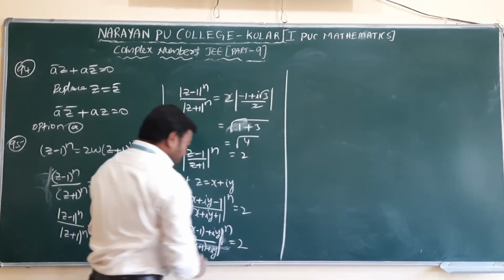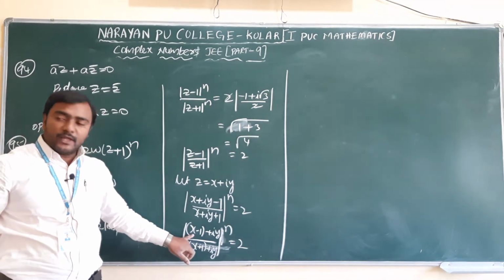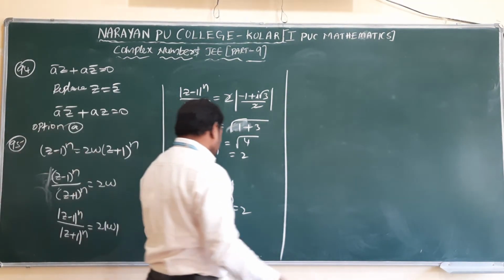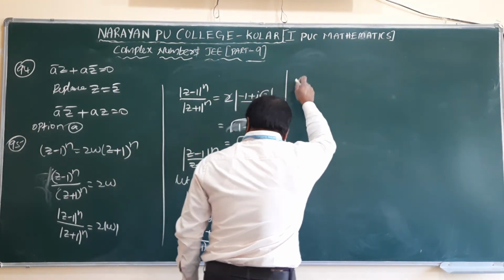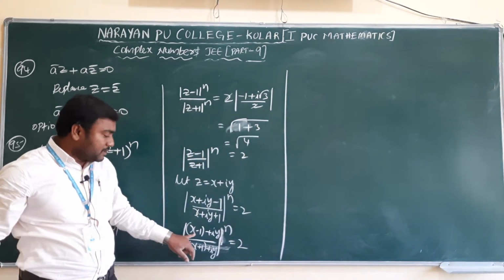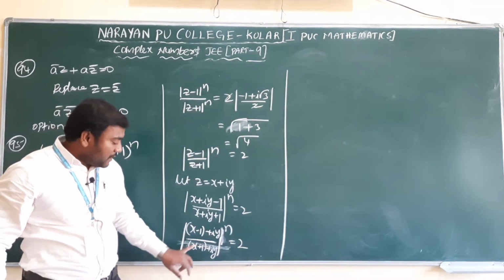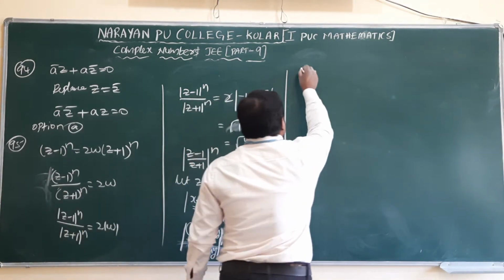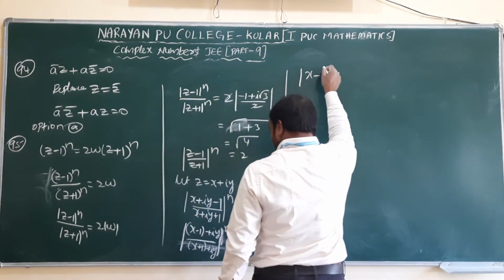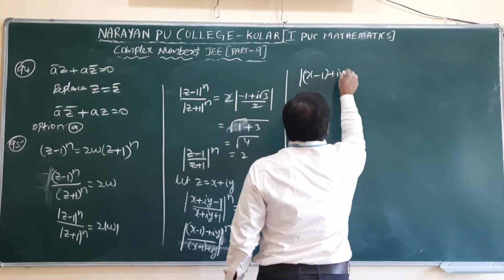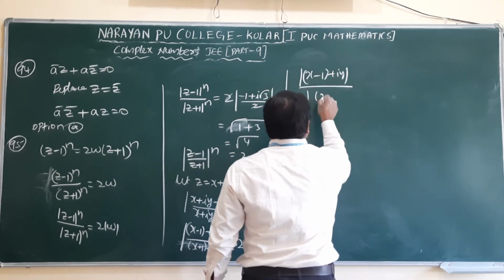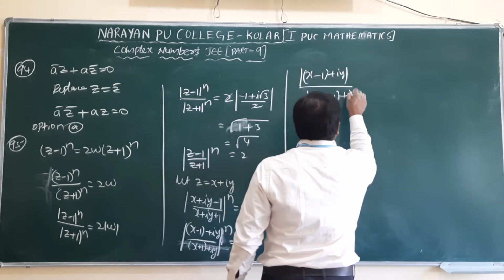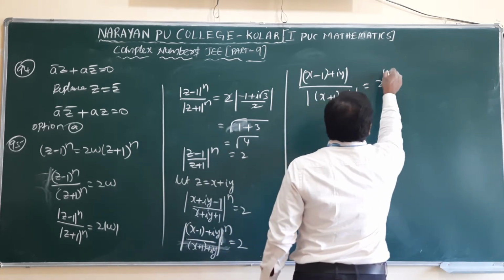Here the modulus of x minus 1 plus iy is the square root of (x minus 1) whole square plus y square, and the modulus of the denominator is also a square root, so it can be written like this. Taking the nth root on both sides, we get modulus of x minus 1 plus iy divided by modulus of x plus 1 plus iy is equal to 2 power 1 by n.